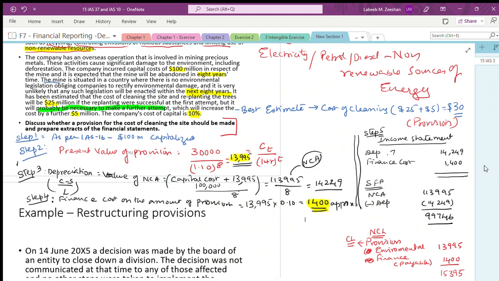Now here, what happens? What is the value of the asset? After 8 years you have to do the cleaning cost. Definitely, whatever additional cost you are going to incur, that additional cost should be added back to the asset value in order to calculate the depreciation.